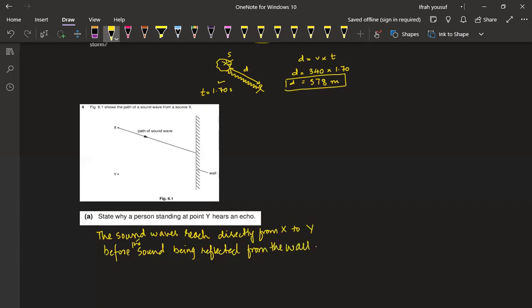So before wall, sound is also coming from X to Y directly. That's why one sound wave will reach Y directly, and another sound wave will be received at Y after being reflected from the wall, and then it reaches the Y. Clear? ठीक है?